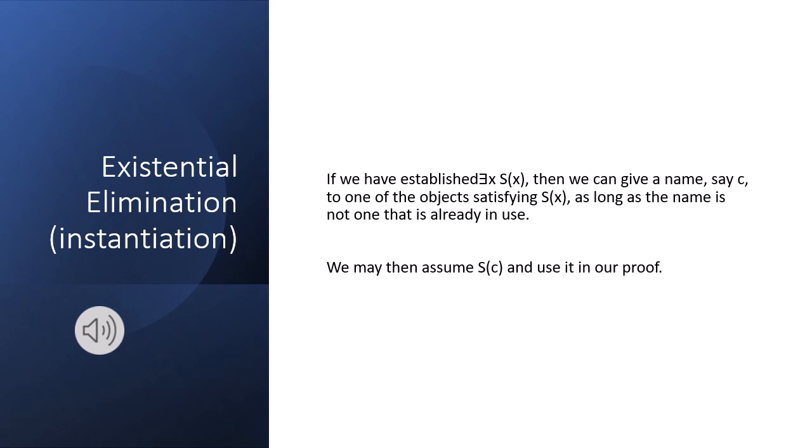And when we're formalizing these methods, there will be a new feature in our Fitch program for introducing these names. But for now, if we know that an existentially quantified statement is true, well, then we can name something that actually satisfies the predicate.